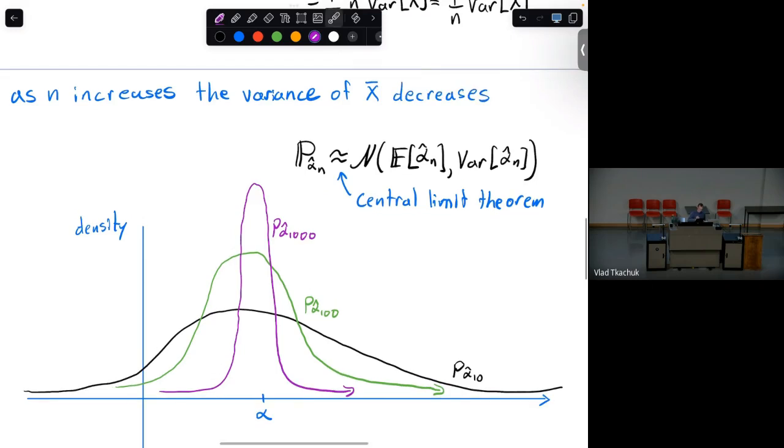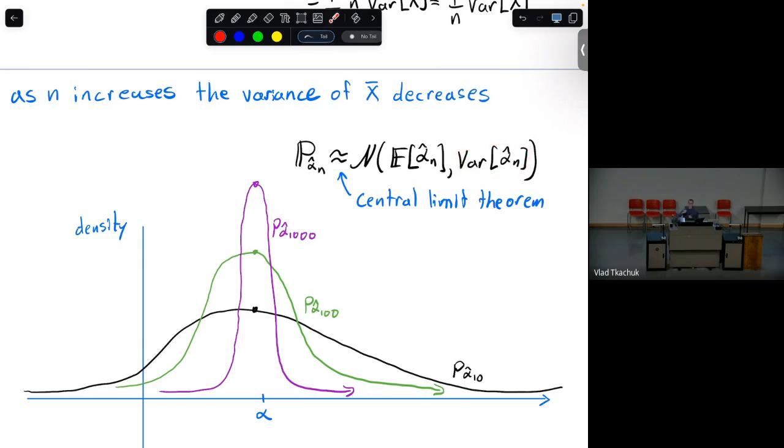Okay. What is the intuition I'm trying to get across here? The intuition is that this is the PDF of this random variable, the alpha hat, as n is changing. And what you're supposed to see is that the peaks of these are all at the same point, but that's maybe not so apparent. All these peaks are supposed to be at the same point, which is their expected value. It turns out that the expected value lines up with the peak of this bell curve. But what we saw is that the variance should decrease.